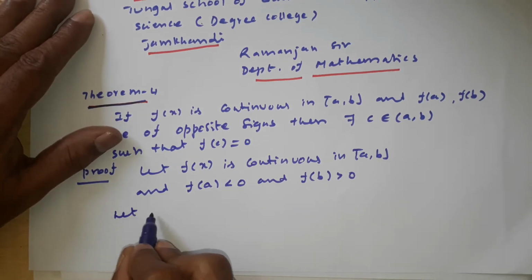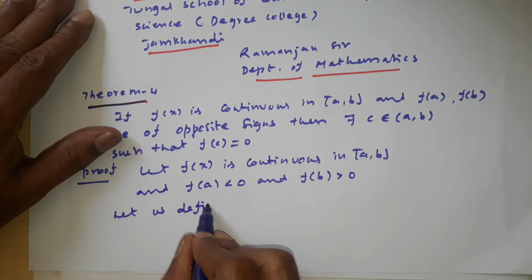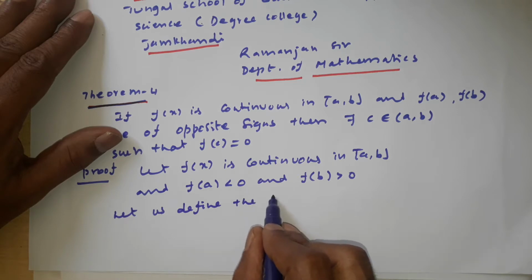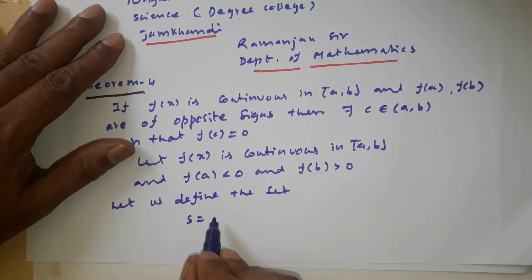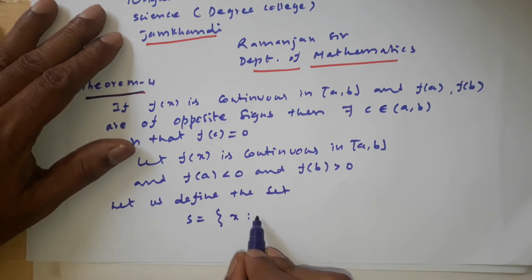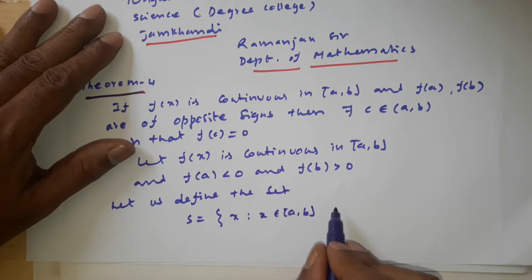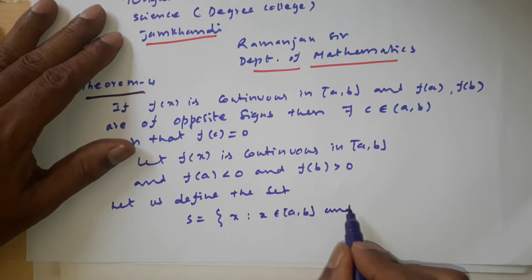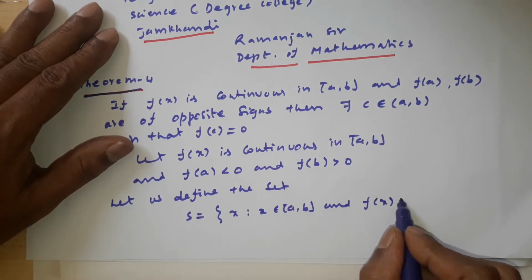Let us define the set S equal to the set of x such that x belongs to closed interval a comma b and f of x is less than 0.